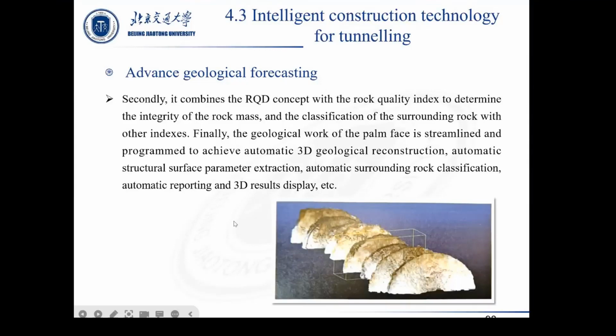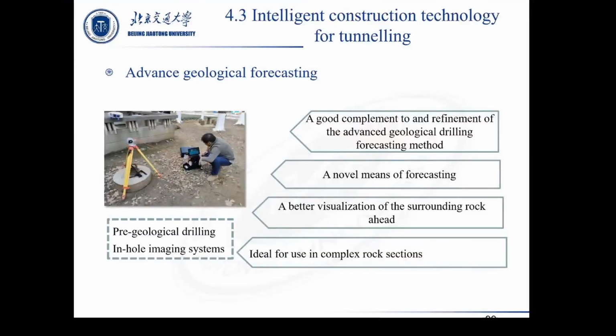Finally, the geological work of the tunnel face is streamlined and programmed to achieve automatic 3D geological reconstruction and structural surface parametrization. It is a novel means of forecasting the surrounding rock condition ahead more reliably, and it is suitable for use in complex sections of surrounding rock.